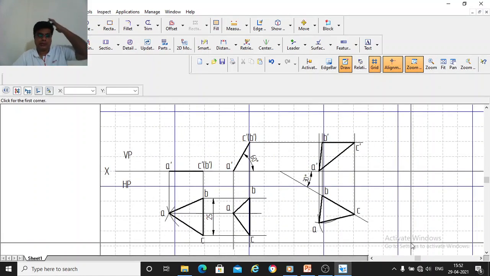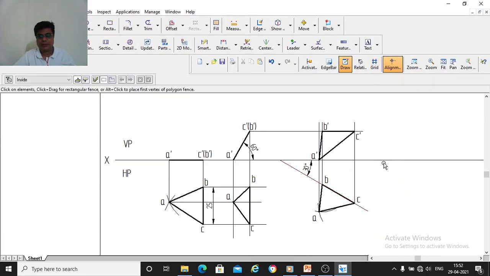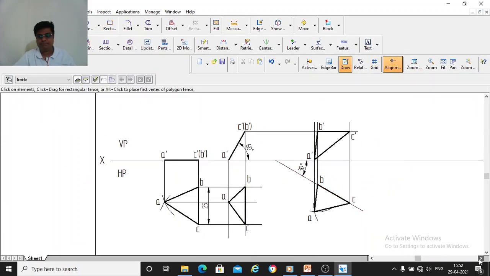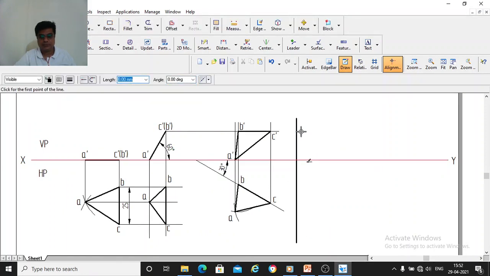So it looks like this. So I'll just remove the grid lines. Let it be here. So this is how your problem looks. This is how you should draw the final solution.